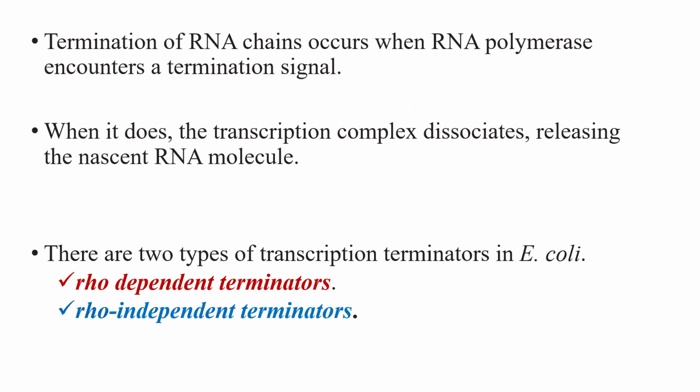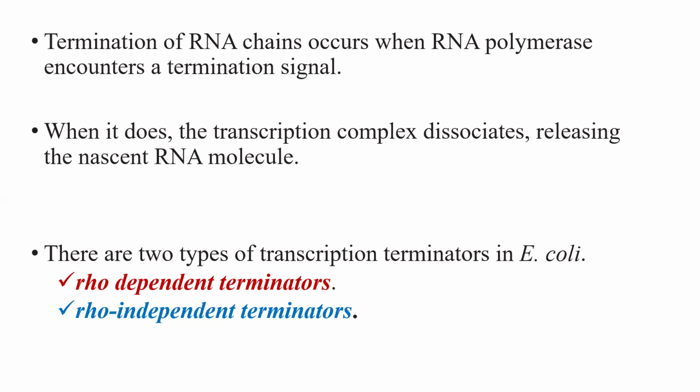And the second one is called rho-independent terminator because it does not involve rho protein or any other protein, and the mechanism is called the rho-independent termination mechanism. We are going to see both of the terminators and the termination mechanisms in detail in this lecture.